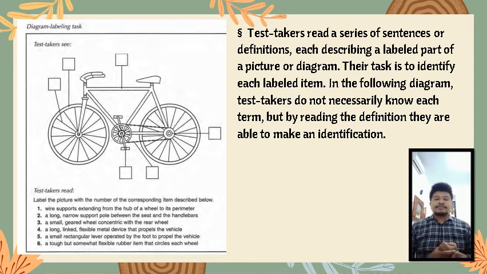Their task is to identify each labeled item in the diagram. Test takers do not necessarily know each term, but by reading the definition, they are able to make an identification. So you can see also the type of test.